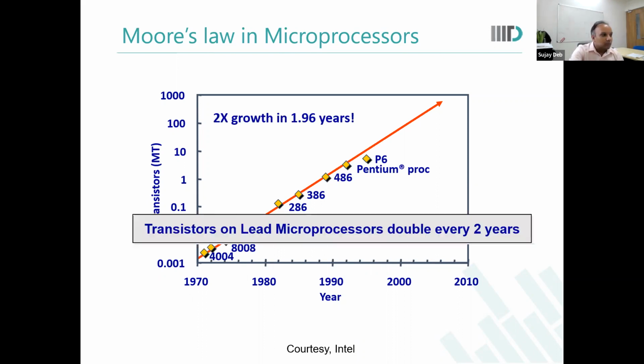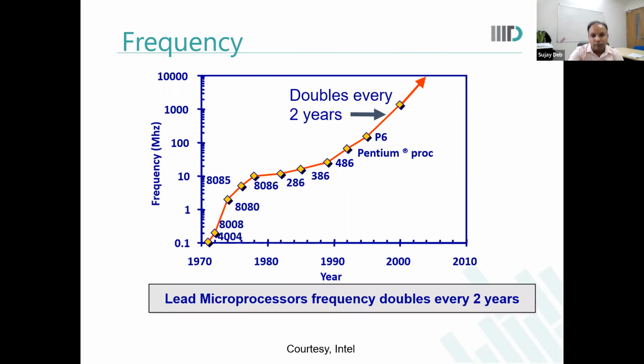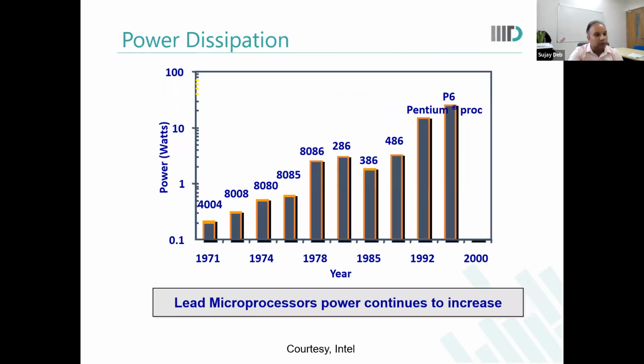Basically, the clock frequency, as I was also highlighting in the last discussion, was constantly improving, and it was doubling almost every 2 years. But if that trend had continued, Intel showed that the power dissipation would have been in a really bad situation.